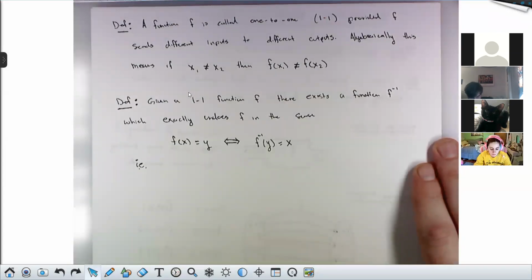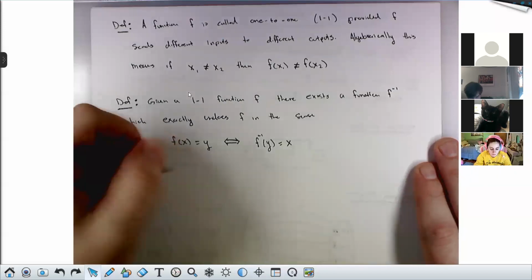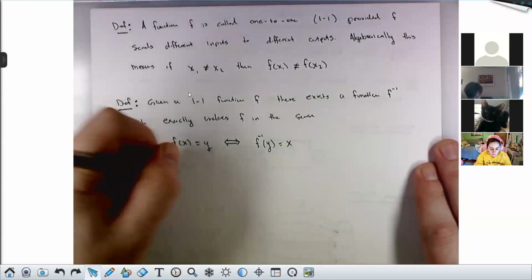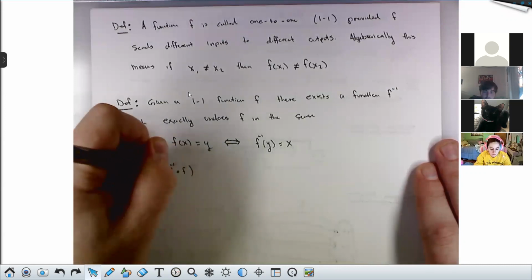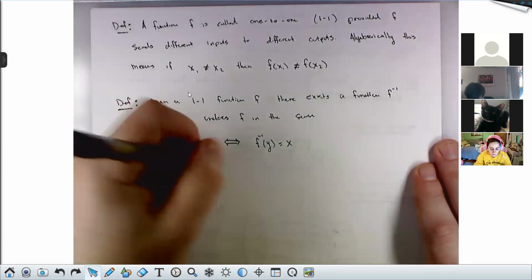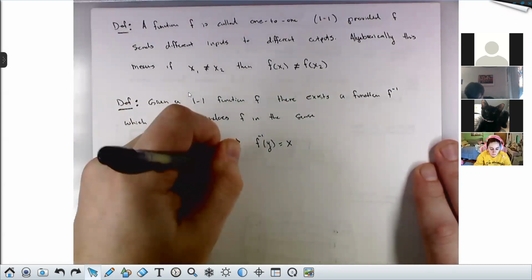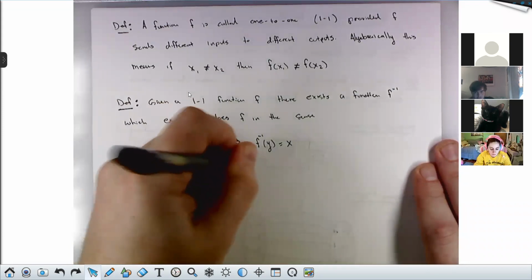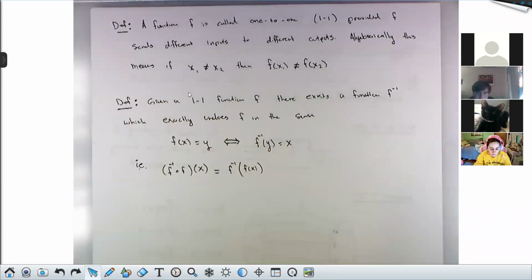I'm going to restate this in terms of composites. F inverse of f of x. Remember what this means. The x in the very inside is an input for f. F of x is the output associated with the input x under the function f.